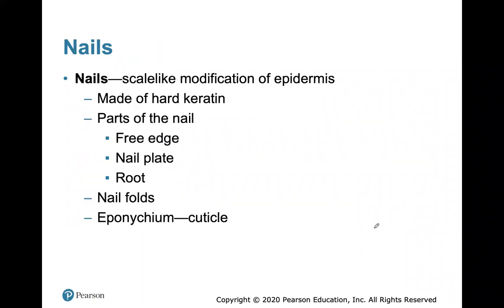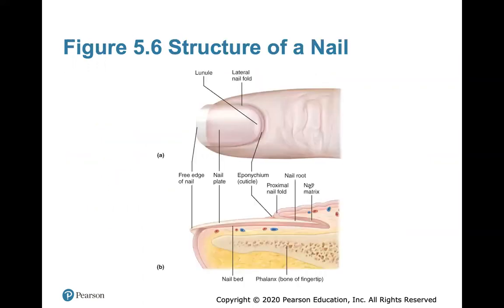Nails then are part of your integumentary system, so we'll go through hair, skin, and nails. Nails are made of hard keratin. These are the parts of the nails that you should just briefly know. I won't ask you too many questions about nails. The nail folds, the eponychium, which is the cuticle. And here's a look at the structure of a nail: the free edge, the nail plate, the lateral nail fold.